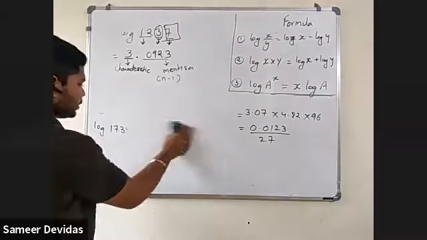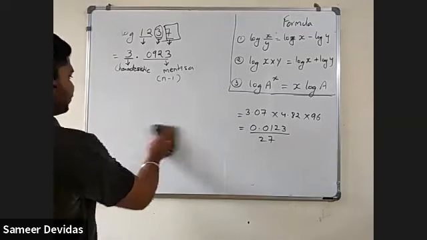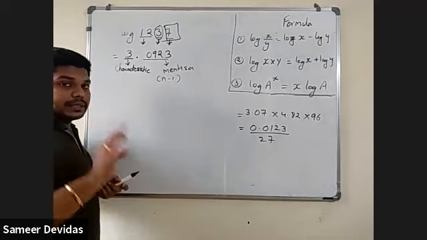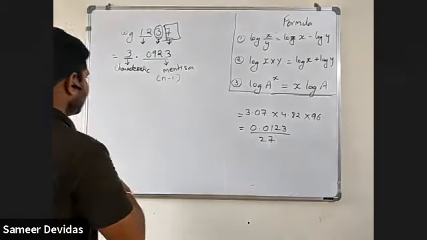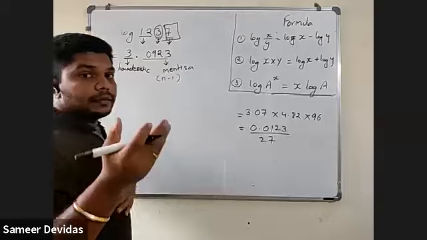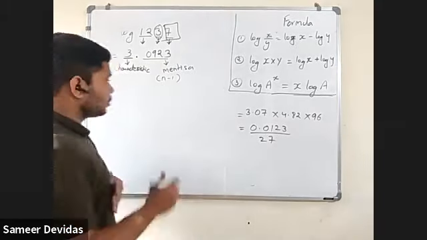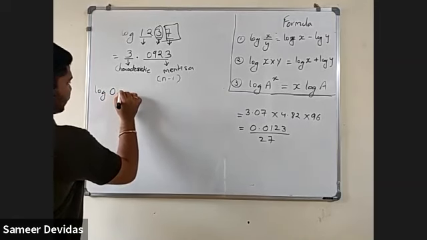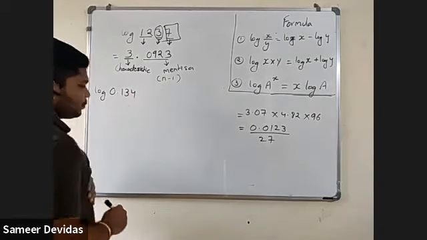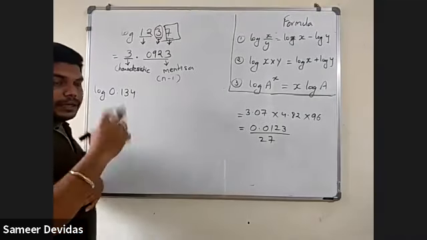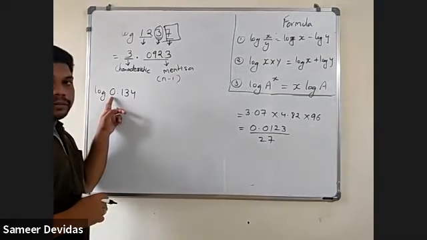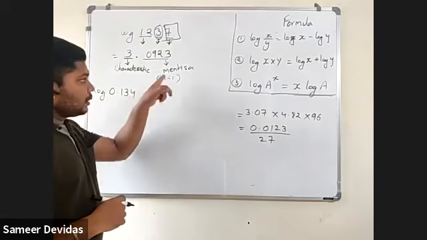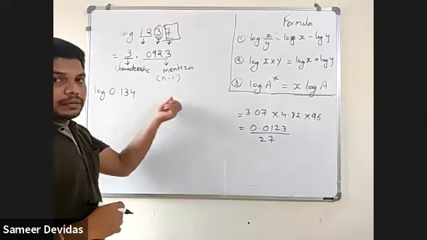So first we saw numbers without decimals. Then we saw a decimal number where at least one digit is there before the decimal. Now we will see a decimal where there are no digits before it. Now log 0.134. Earlier we kept at least one number; when one number was there, n minus 1 gave the answer 0.